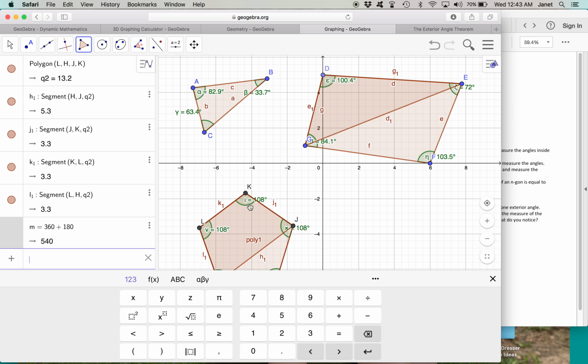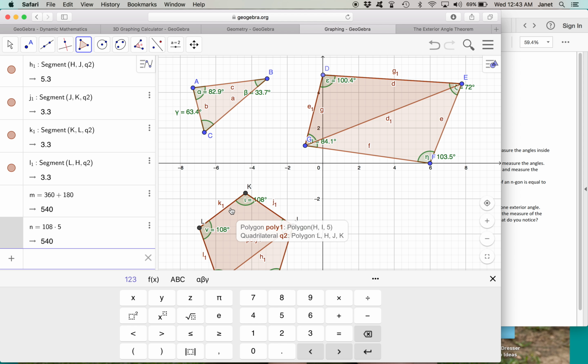Now, let's take all of these angles here. They're all 108 degrees. So let's take 108 and multiply that times my 5 interior angles. That is also 540 degrees. So by induction, we have proved that (n minus 2) times 180 is the sum of the interior angles of an n-gon. Notice that for n sides, in this case 5 sides, subtract 2, you get 3, multiply times 180, you get 540.